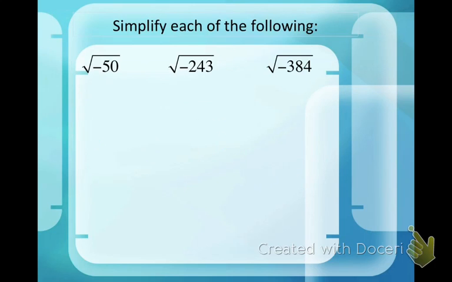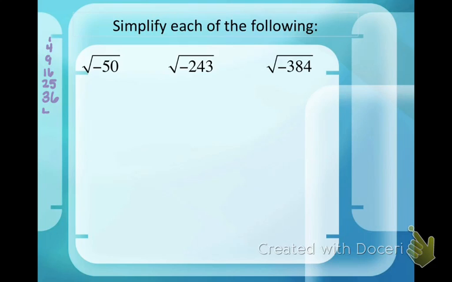So here's a few examples of simplifying using this idea of an I. And we're going to simplify these radicals just like any other. Okay? So I'm looking for the biggest perfect square. Now remember that our perfect squares are 1 squared, 2 squared, 3 squared, 4 squared, 5 squared, 6 squared, and so on.